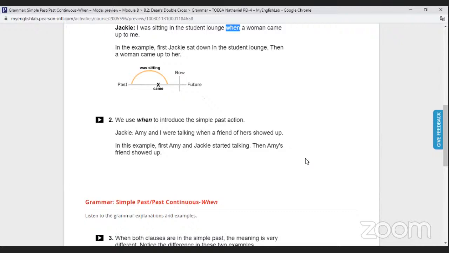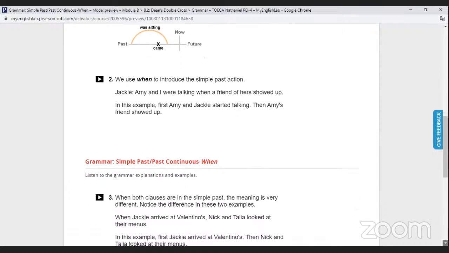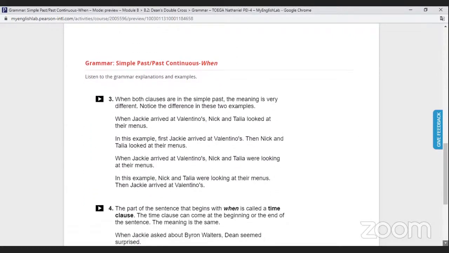In this example, first Amy and Jackie started talking, then Amy's friend showed up. It's like the first action, but during that action this second action appeared.